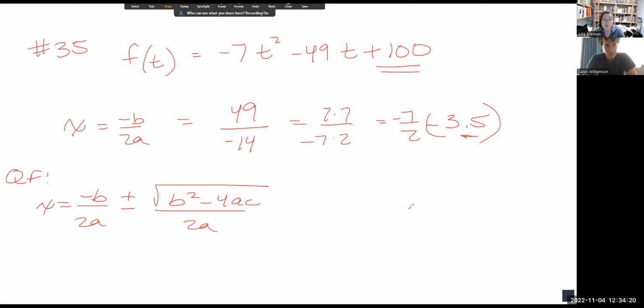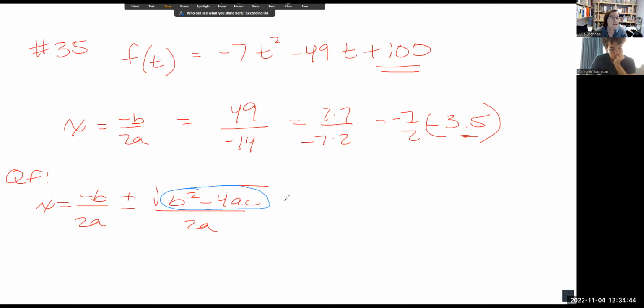There's this really strange property. You have to really think hard about why it works, okay? But what you can do is take the part that's under the root, if you were using the quadratic formula to find roots, like where did the function start and where did it land, on the ground.